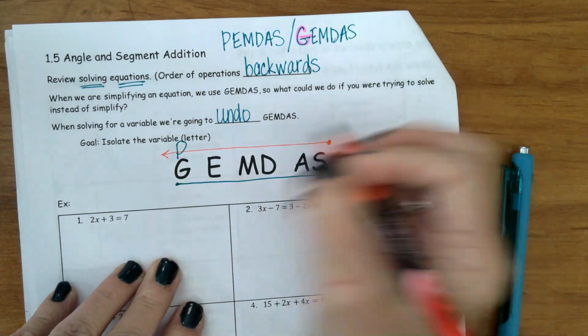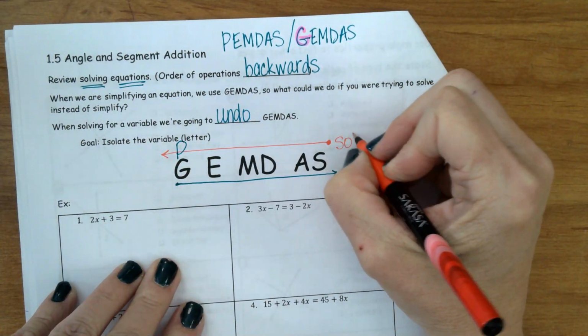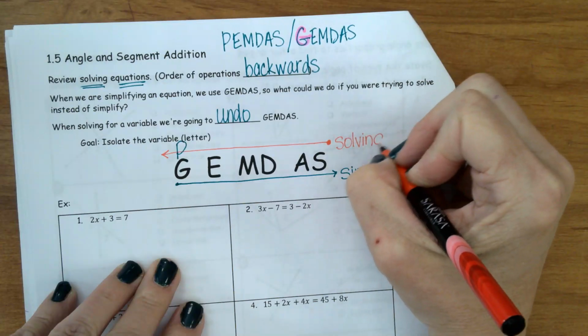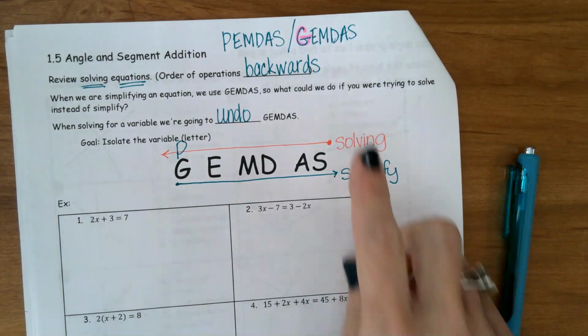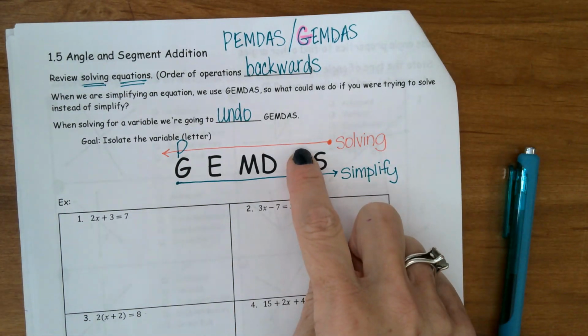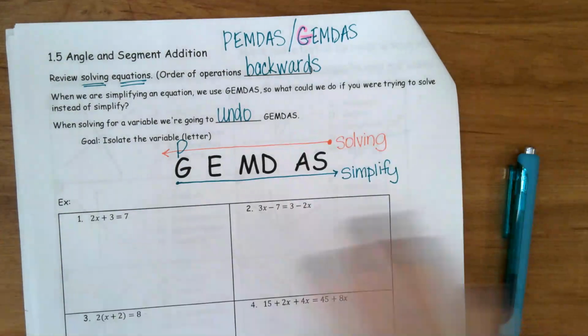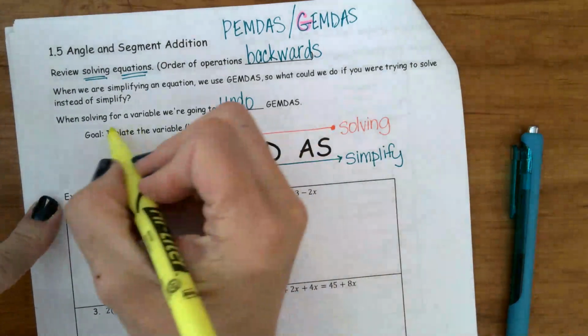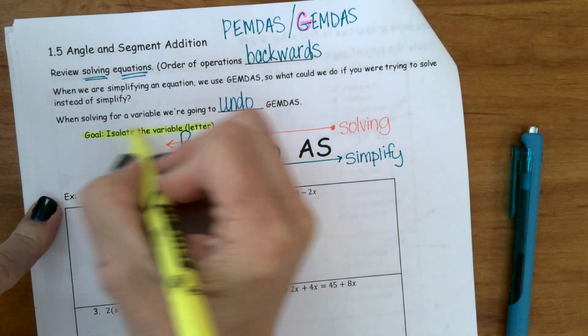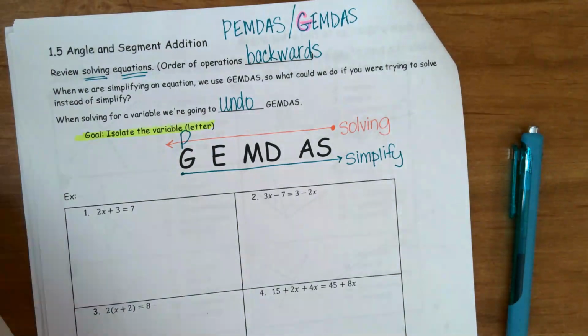Okay, so this would be solving. Normally, we end with addition and subtraction, but when we're solving, we have to undo that first before we can get the variable by itself. So our job is to isolate your variable, the letter.